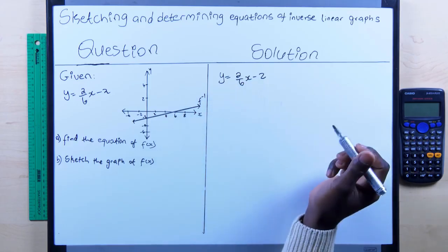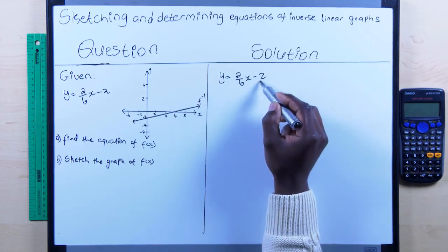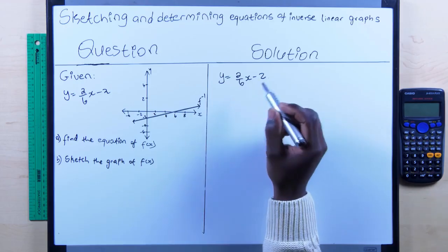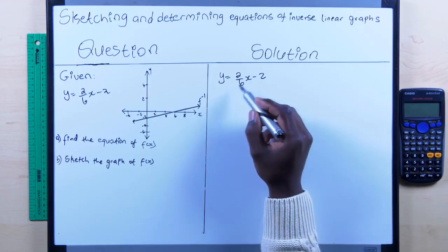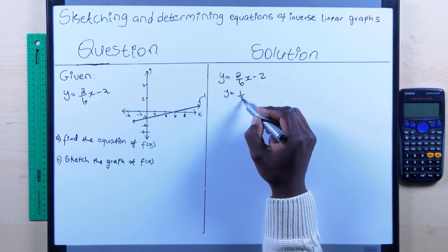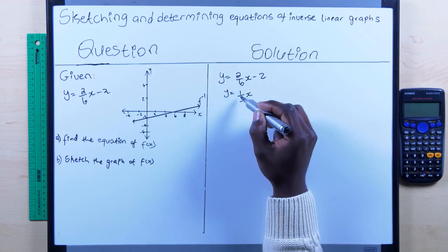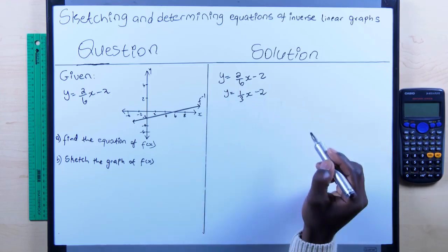The first thing we need to understand here is that this can be simplified without tampering or interfering with the minus 2. So 2 divided by 2 is 1, 6 divided by 2 is 3, minus 2.